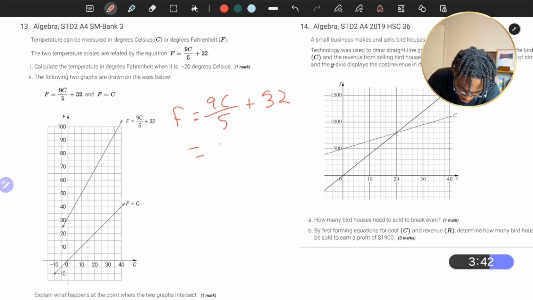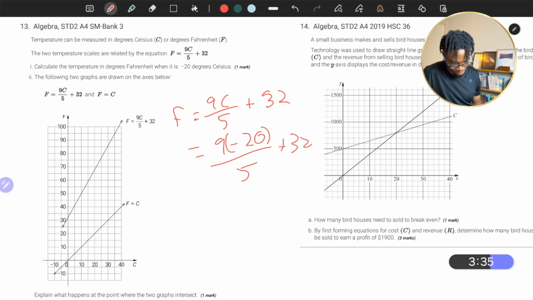We're just going to sub in minus 20 here. That equals negative 4. Right, perfect.